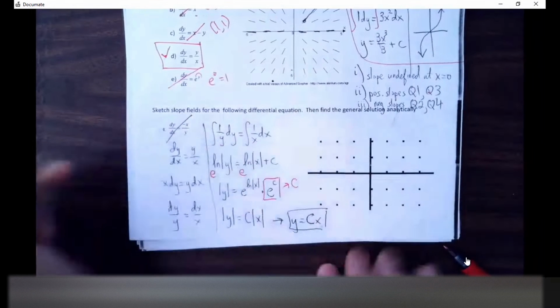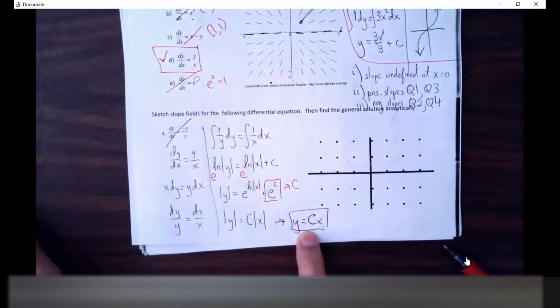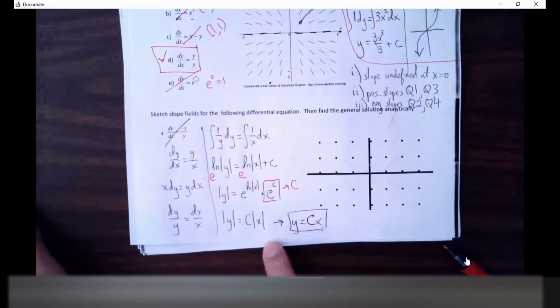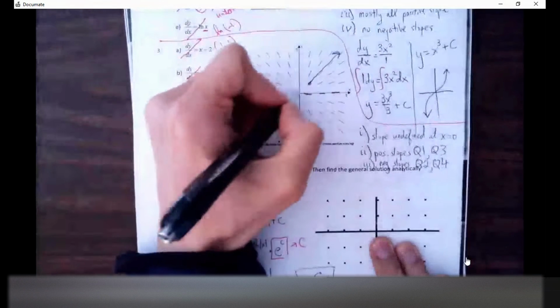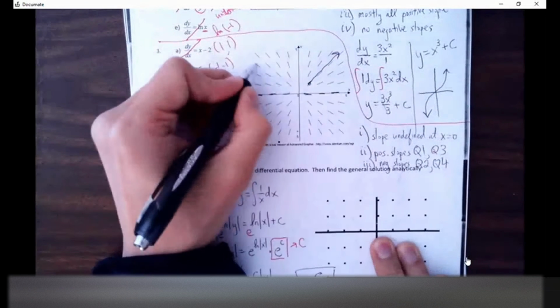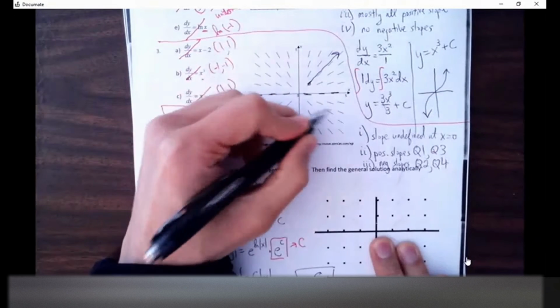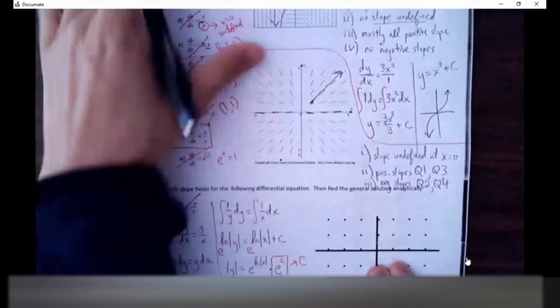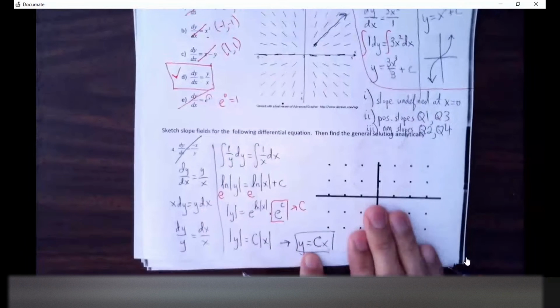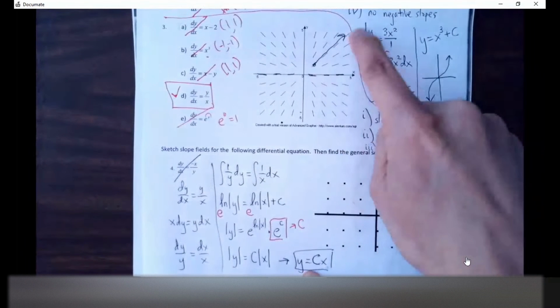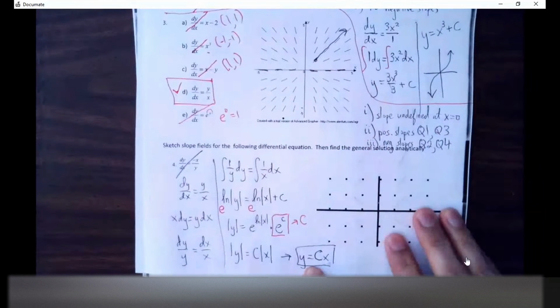Now think about this. This is a linear equation, right? That c could be 2, so it could be y equals 2x, could be y equals negative 3x, could be y equals 1/2x, could be y equals 5x. Those are all different variations of these linear graphs with different slopes. All right, so all the variations that c could be are represented, and we have a solution that matches with the flow of the graph that we see in front of us.